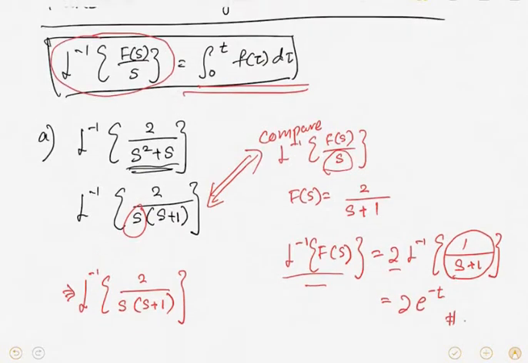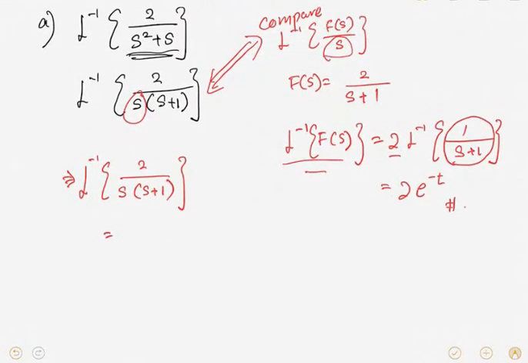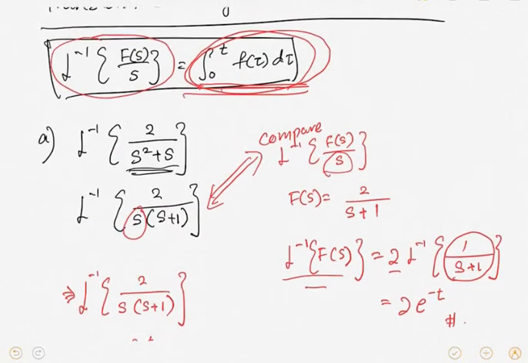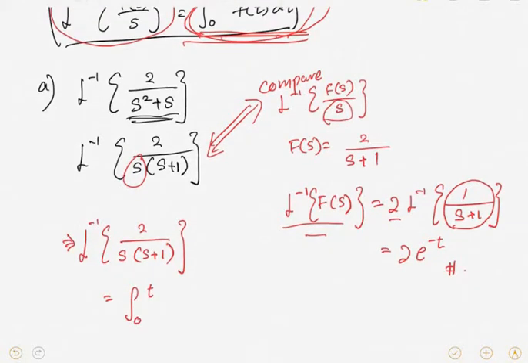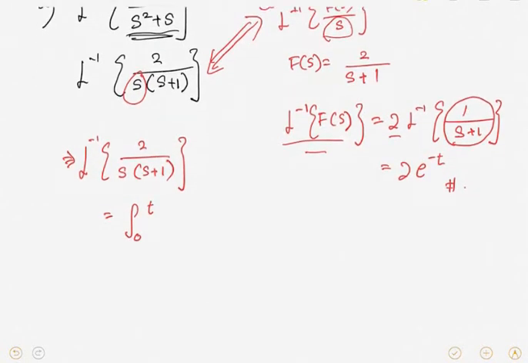Since we have the same format, we can use this equation. So it's the integration from 0 to t of f(tau) d tau, where f(tau) is the F(s) here. So it is 2 e to the negative t dt.